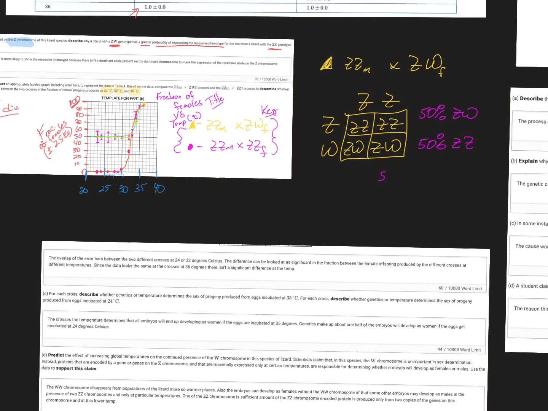So that's 50% male and 50% female. That's what I expect to see if it's just genetics.